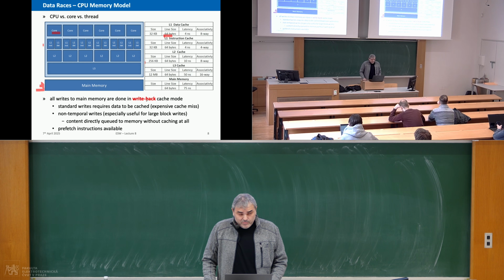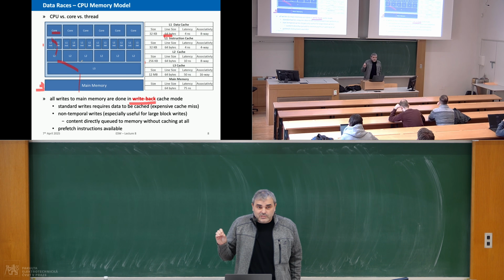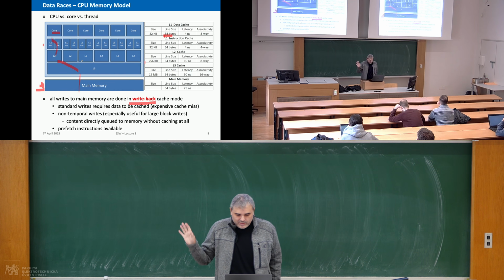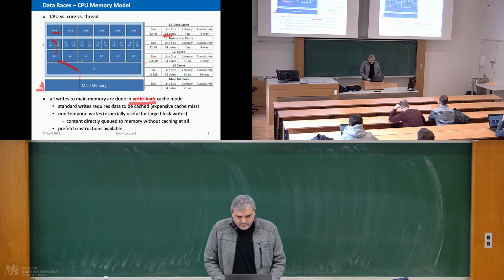All writes to the main memory are by default done in write-back mode, which means data is written into the L1 data cache, then L2, then L3, and finally to the memory. And it remains within those cache levels until there is no more space and it's evicted.